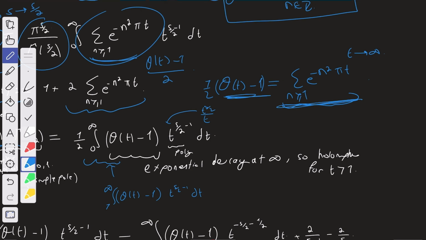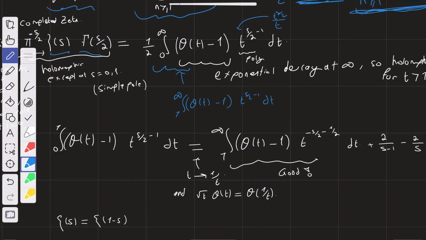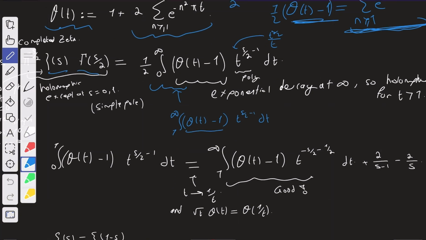So you have a function that has a nice decay, and you have a polynomial, and thus this integral is nice and regular, and it's literally defined for any s in C. So it's a very nice integral due to the rapid decay of this function.